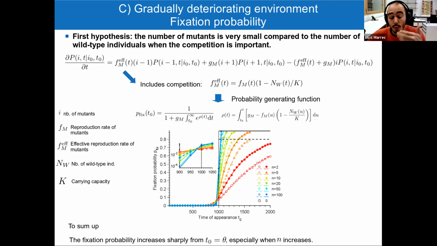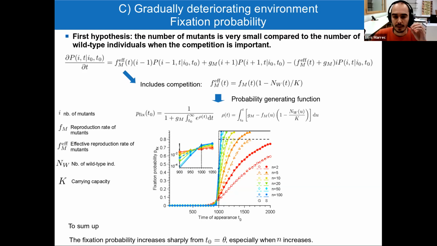We can assume that the number of mutants is very small compared to the number of wild-type individuals when the competition is important. So when a mutant appears, we can assume that the number of mutants is very small compared to the number of wild-type individuals in the population.